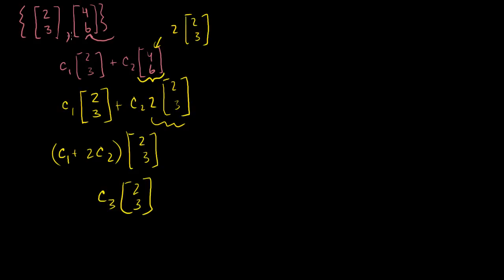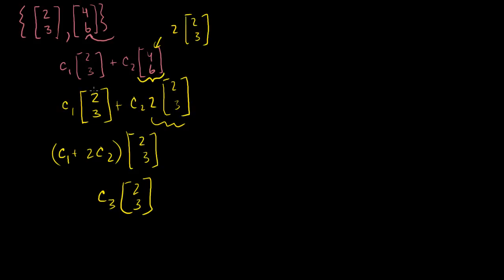So even though we started with two vectors, any linear combination of these, using this substitution, can be reduced to just a scalar multiple of my first vector. And I could have gone the other way around.